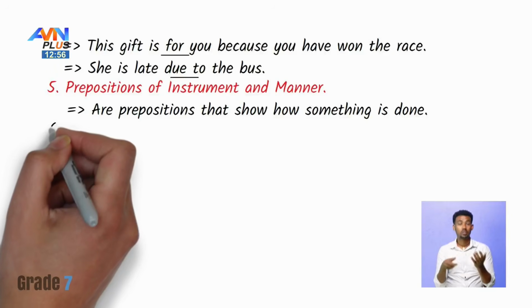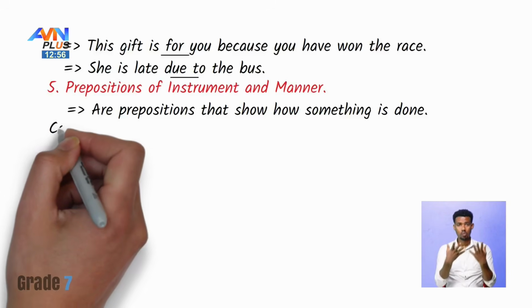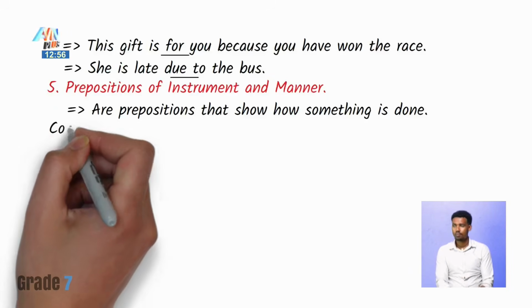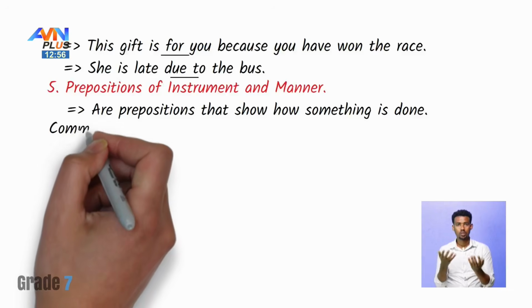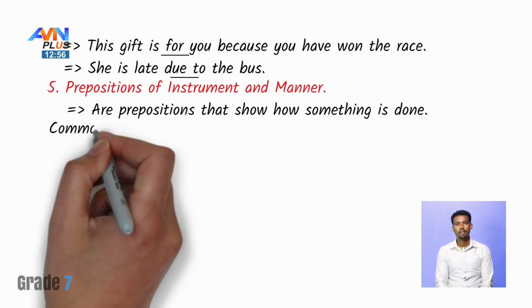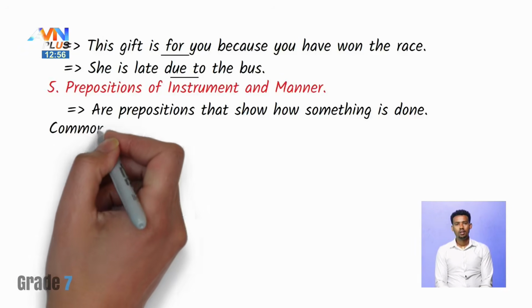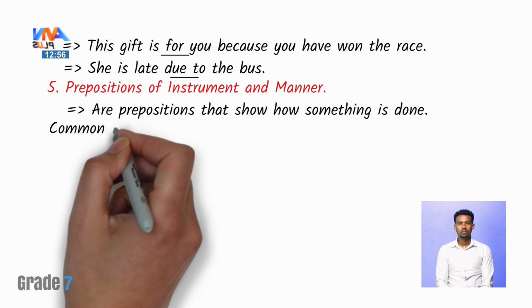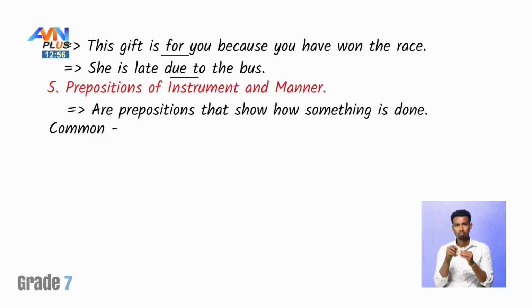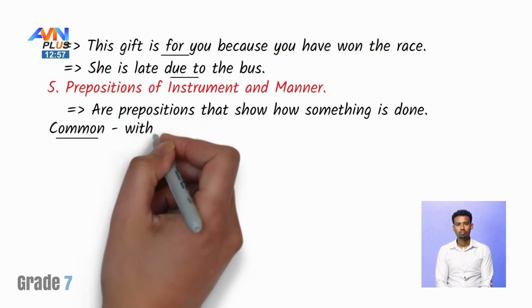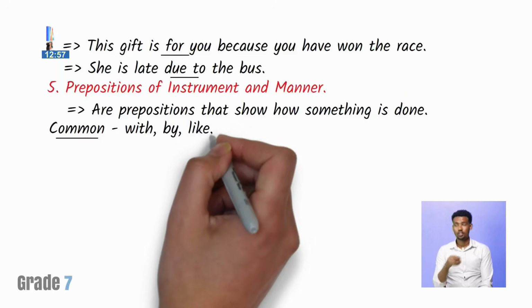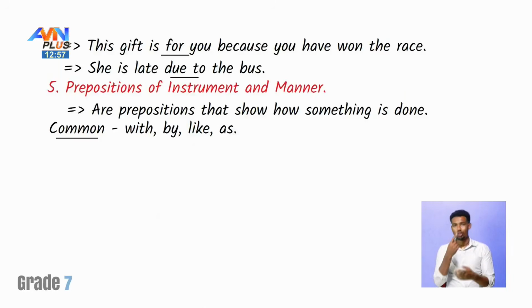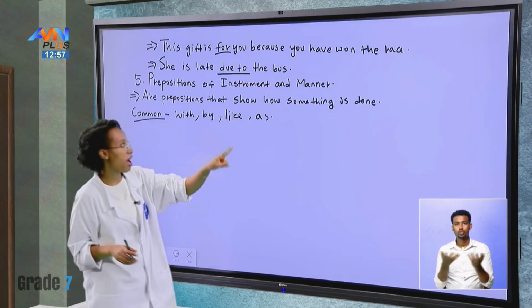For example, the most common prepositions of instrument and manner are with, by, like, as. So these are the most common prepositions of instrument and manner.